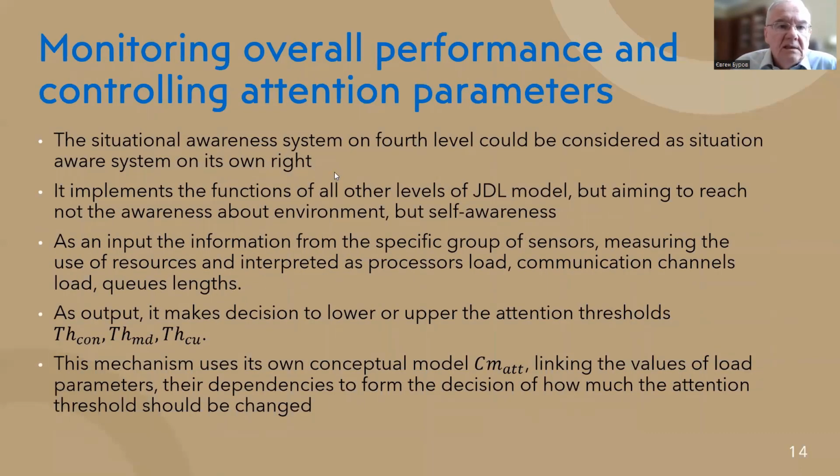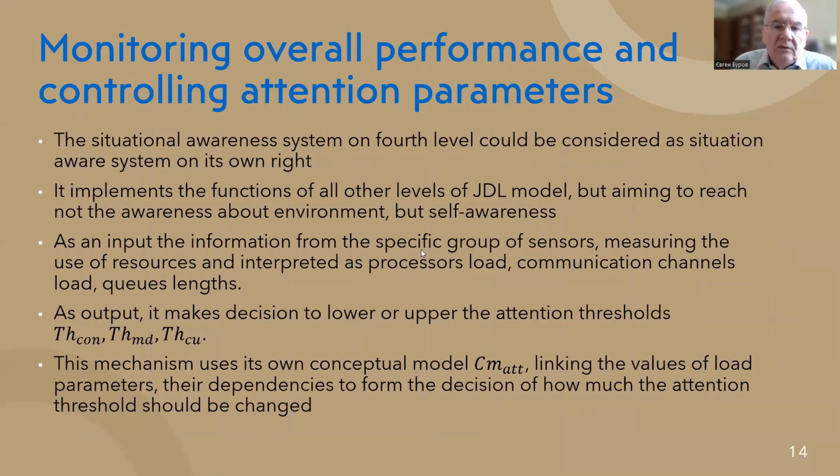The last, fourth level of the situation awareness system is monitoring and controlling attention parameters. This is a situation awareness system in its own right because it monitors the self-awareness of the intelligent system.